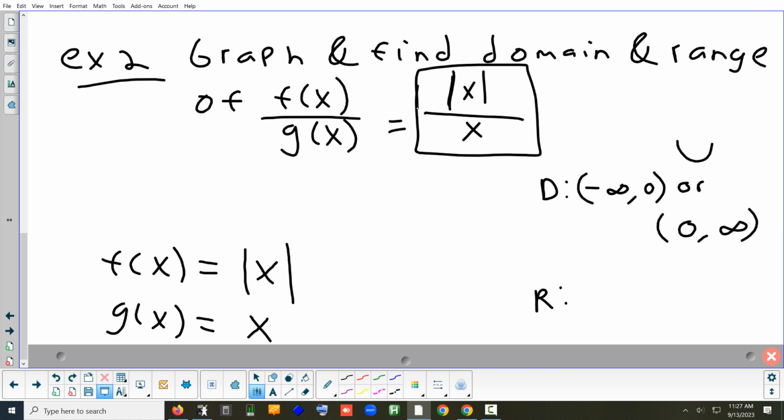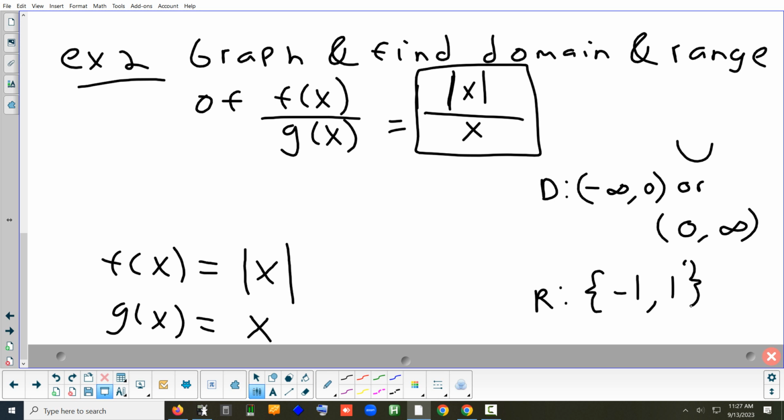If you plug in a negative number for x, it will always come out to -1. So this time the range is only 2 numbers. When you only have 2 numbers in the range, you can list every single number. The way we list them all is we use this symbol, which means what I'm about to write down is a set of numbers. And the set of numbers in the range is -1 and +1.